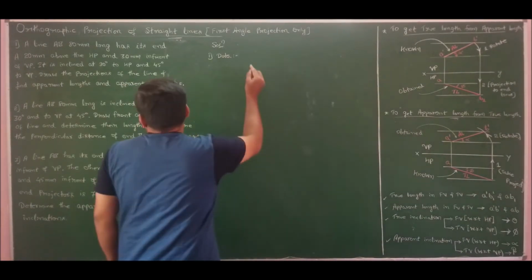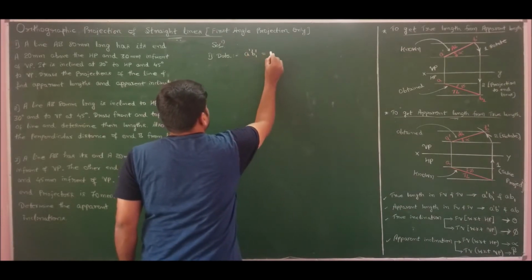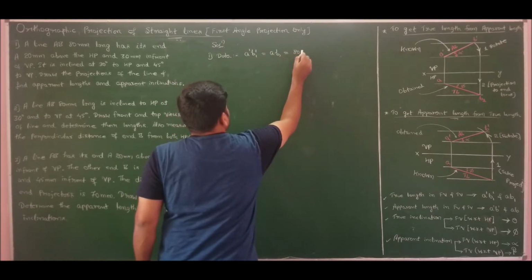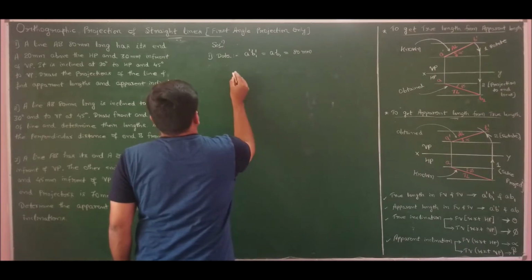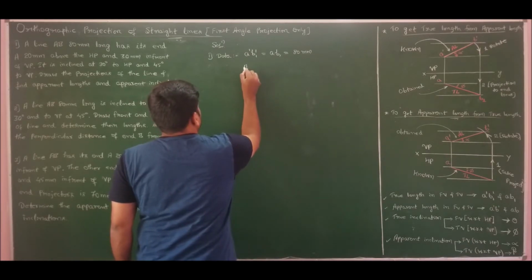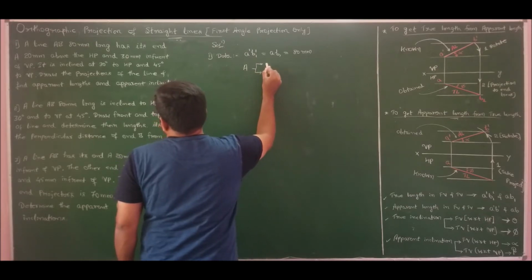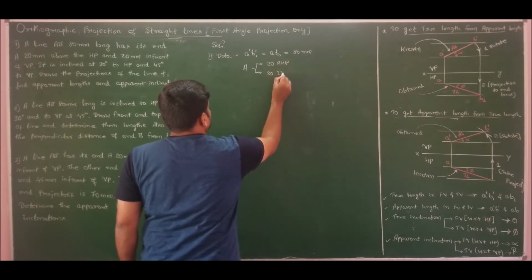So therefore, he has given A'B1', which is equal to AB1, all equal to 80 millimeters. The end A is given as A, which is 20 mm above HP and 30 mm in front of VP.